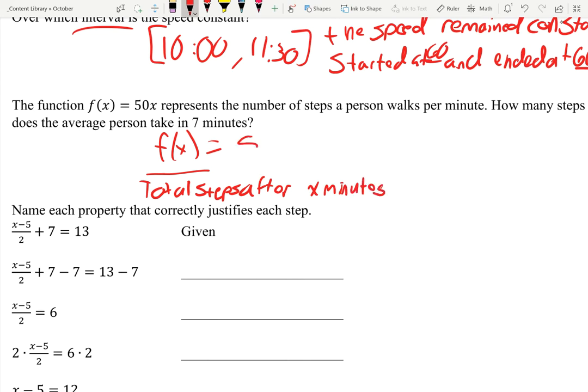Where in the 50x, x represents how many minutes we've walked. So f of x is the total number of steps after however many minutes, and x itself is that number of minutes.